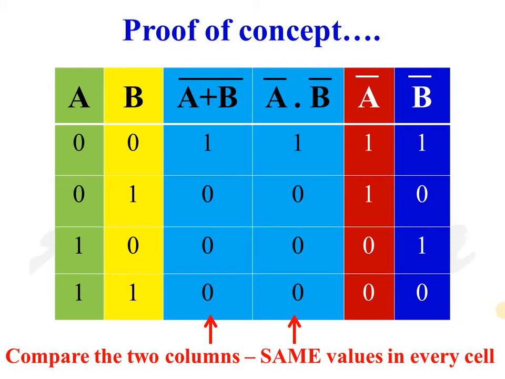The third column from the left denotes the output of the NOR gate, (A or B) the whole bar. The four output values are 1, 0, 0, 0 for input combinations 0,0, 0,1, 1,0 and 1,1 respectively.